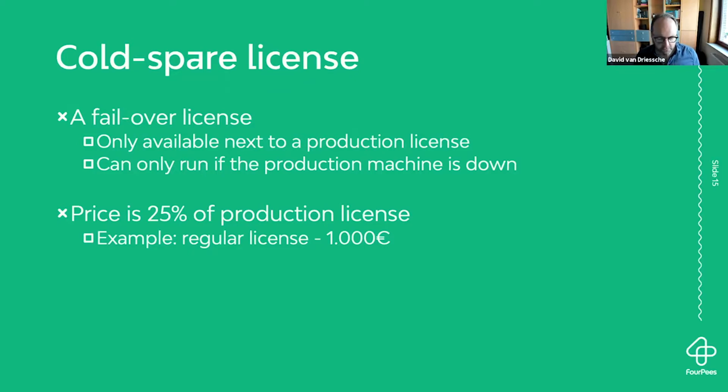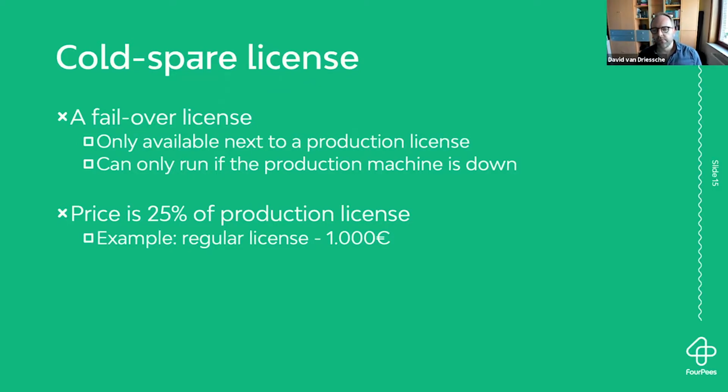The license agreement for a cold spare license says that you can install it on a server, obviously, and you can activate it and make it ready and so on. But it can only run if the production machine is down. So the idea there is if you want to make sure you always have access to a license, you install a production machine that normally does whatever it needs to do.